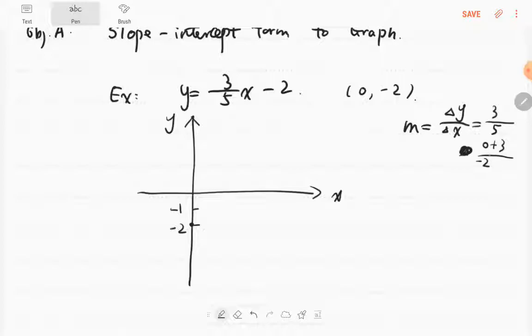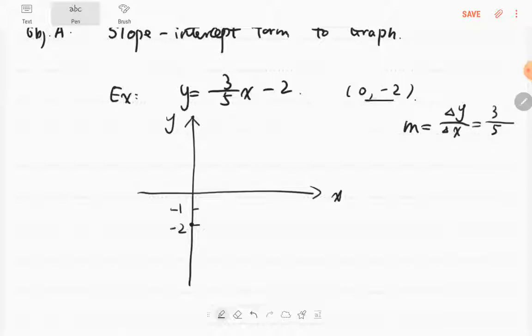I cannot write it like that. So we know the slope is: if we change 3 units in y, then we change 5 units in x. That's the definition, right? If we add 3 units to y, then we add 5 units to x.